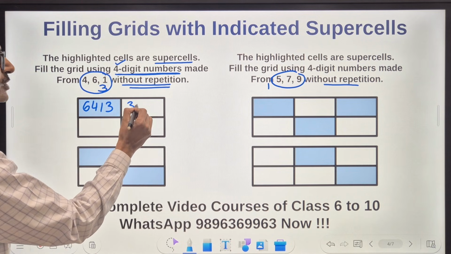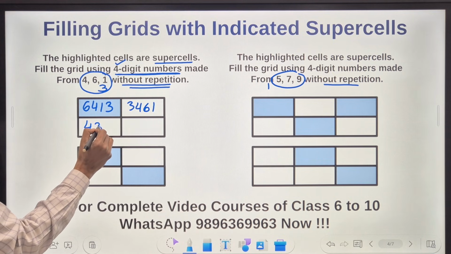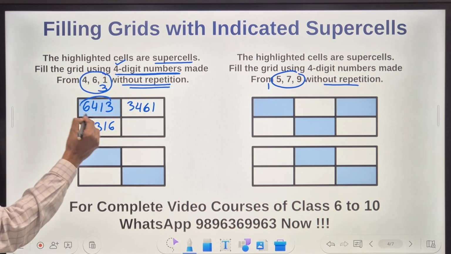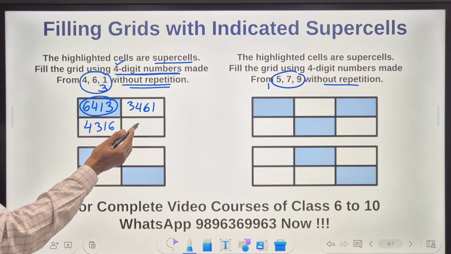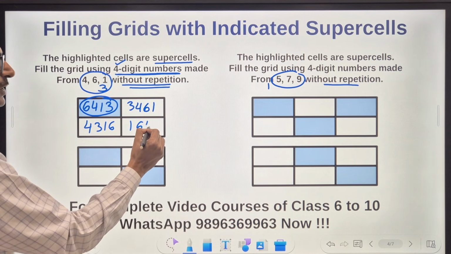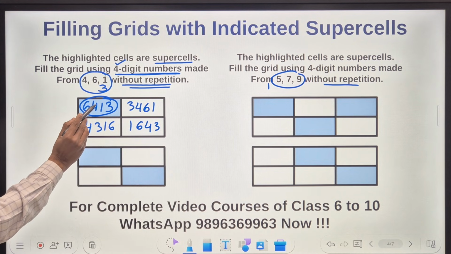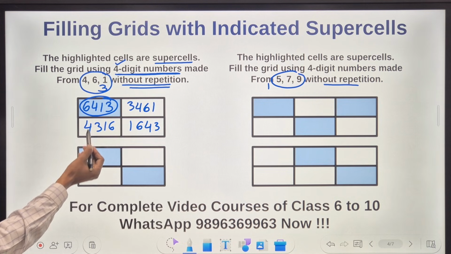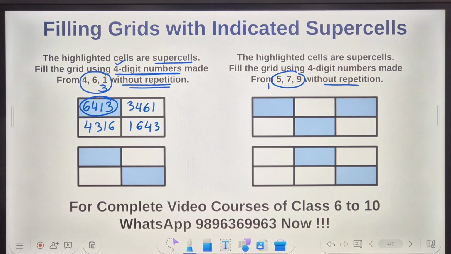Like if I write 3, 4, 6, 1 here, and 4, 3, 1, 6 here, this becomes a supercell. Now I don't want even this to be a supercell, so I can start with a 1: 1, 6, 4, 3. How about this number? Now you can check, because this is a supercell greater than these two. Now these 3 are not supercells, and that actually answers our question.